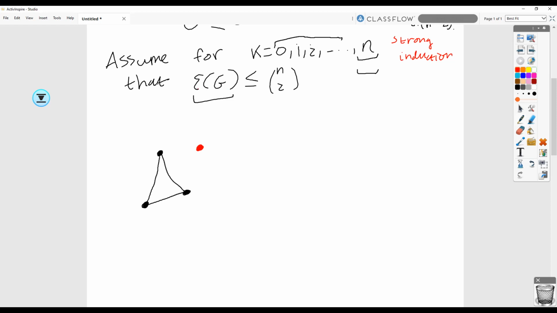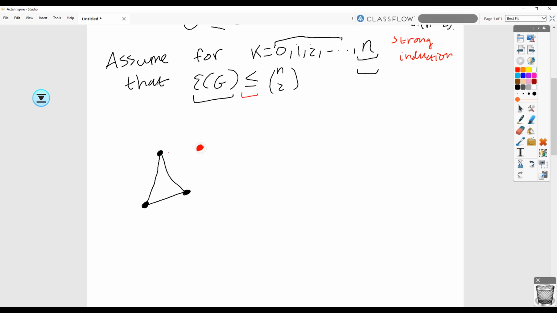Now, if we look at the form of this inequality, the number of edges is at most, or less than or equal to, something. So a good question to ask is, if I add one more vertex, what is the maximum number of edges that I can add? Because that will result in an inequality of this form.